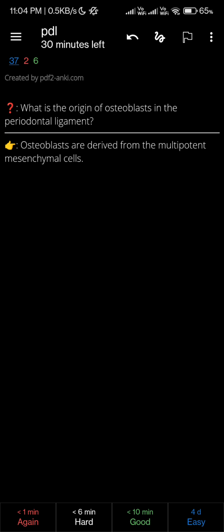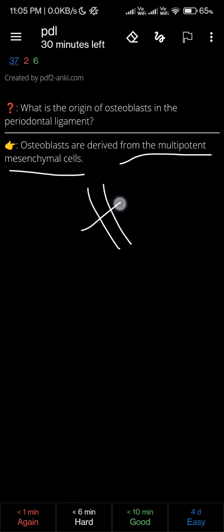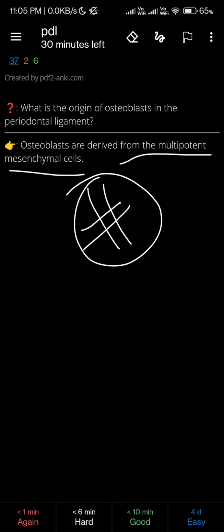Osteoblasts are derived from the multipotent mesenchymal cells.